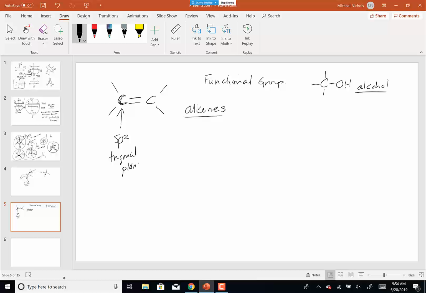So for the alkenes then, all 4 of these, or all 6 of these atoms, the things that are attached to the carbons and the 2 carbons themselves, are all in a plane. An alkene is a planar structure.